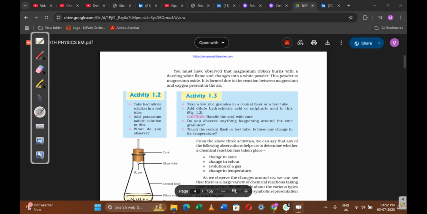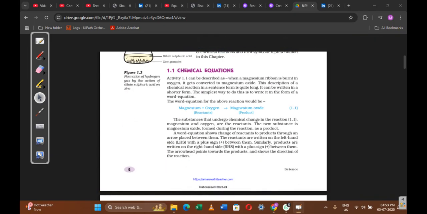Here zinc displaces hydrogen from hydrochloric acid. This is a displacement reaction. In these activities we discussed one combination reaction, one double displacement reaction, and one displacement reaction. So let us divide these equations according to their characteristics.